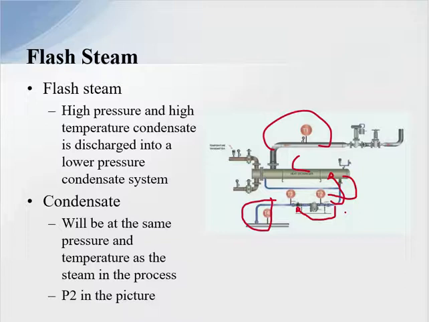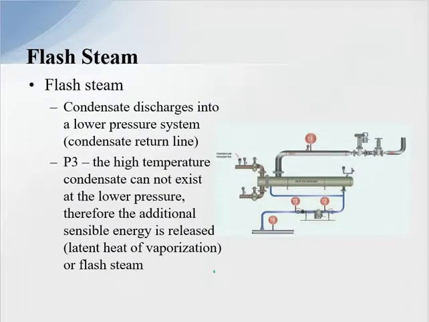How it does this is to take a percentage of liquid and change its state from a liquid to a vapor, what is classified as flash steam. Again, condensate discharges into a lower pressure system return line. The higher temperature condensate cannot exist at the lower pressure, therefore the additional sensible energy is released into latent heat of vaporization, or what we call flash steam.